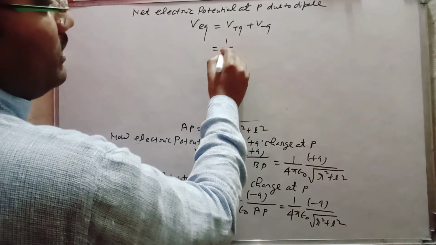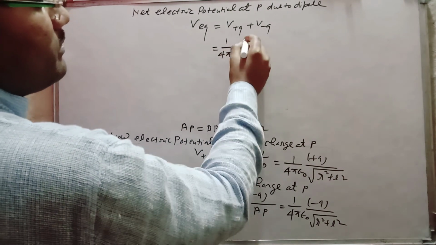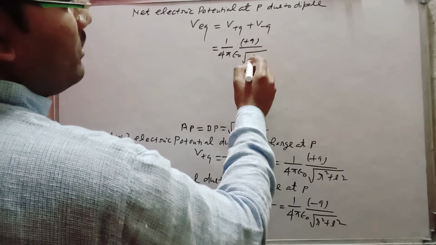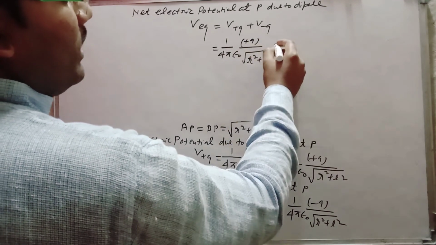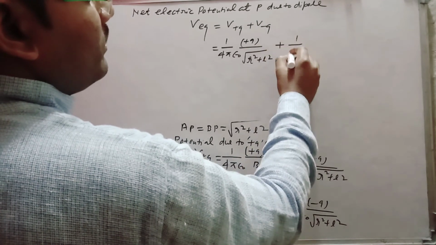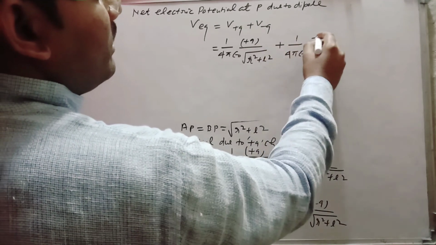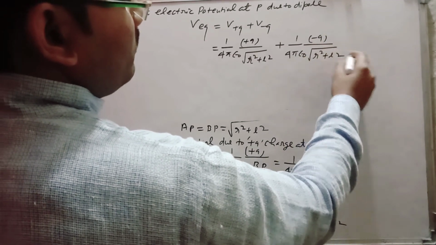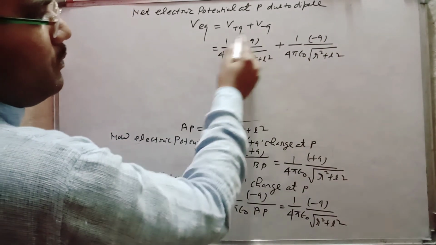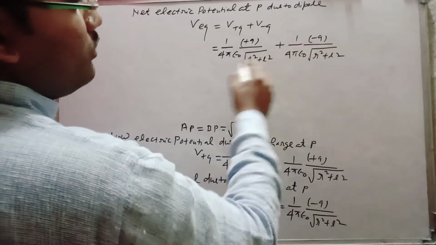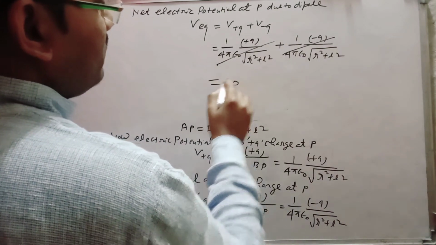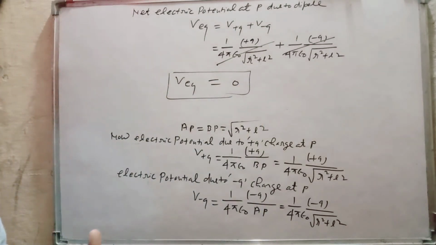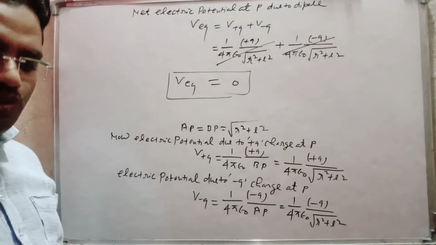So 1 divided by 4 pi epsilon naught times plus Q over the square root of R square plus L square, plus 1 divided by 4 pi epsilon naught times minus Q over the square root of R square plus L square. This value is positive and this value is negative, and both cancel, that means 0. That means electric potential at the equatorial line is always 0.